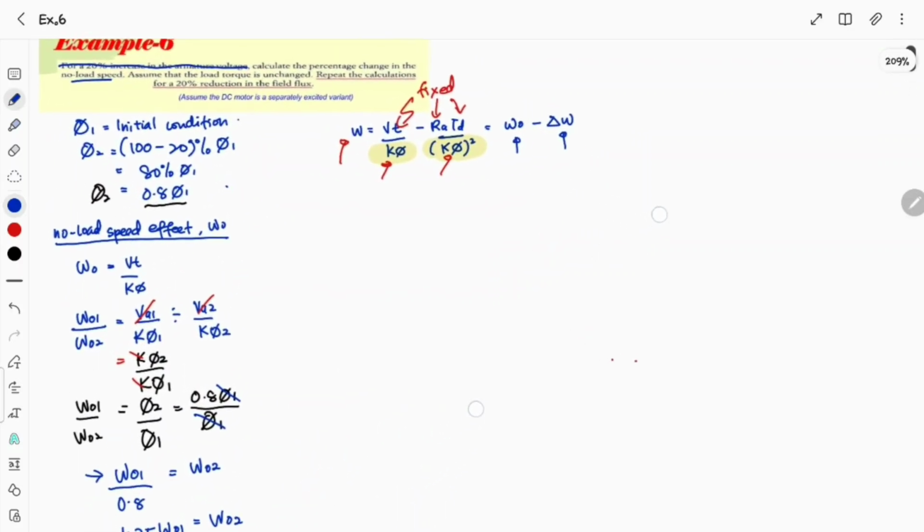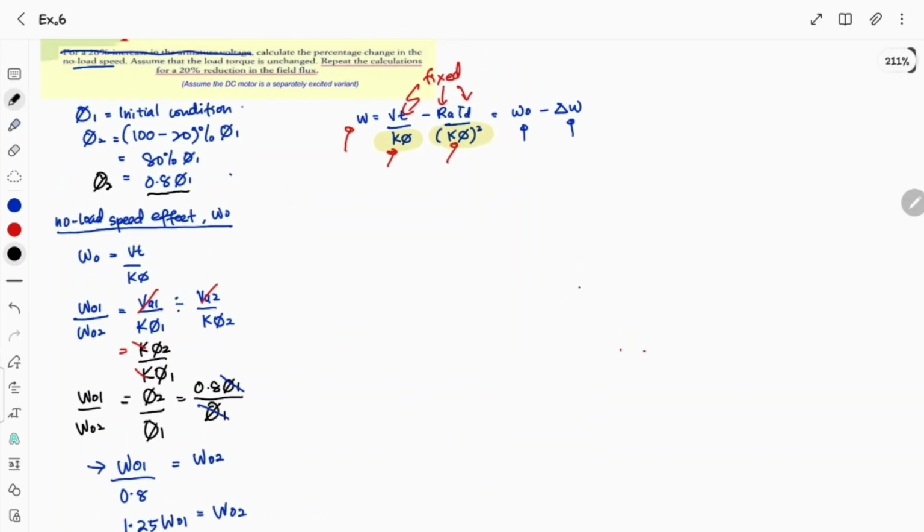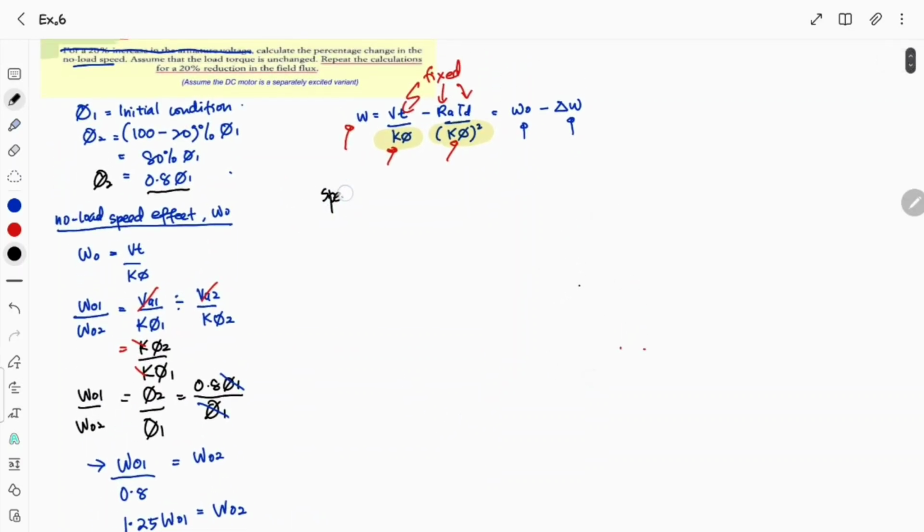Now let us see the effect of speed drop. So for speed, apologize for my handwriting. So for speed drop effect, delta omega.